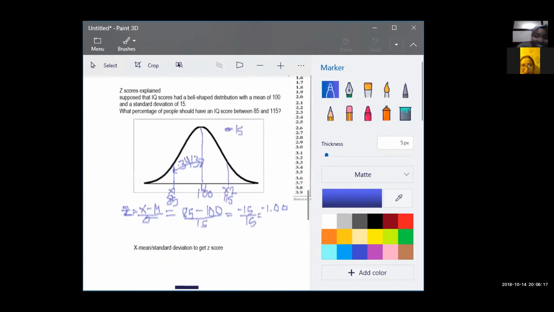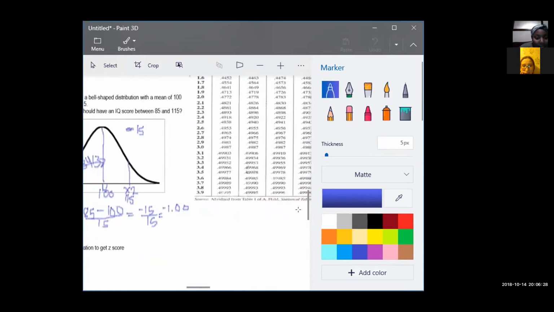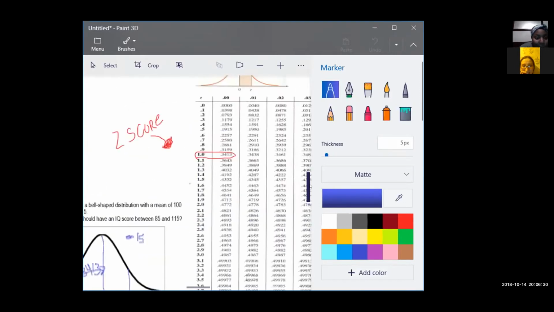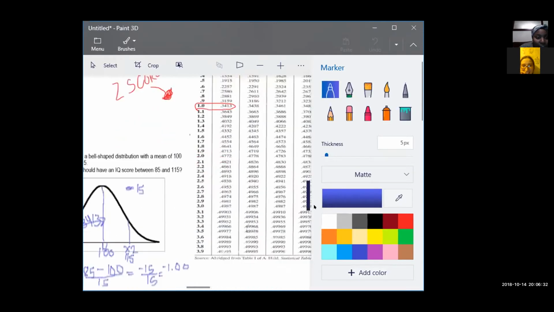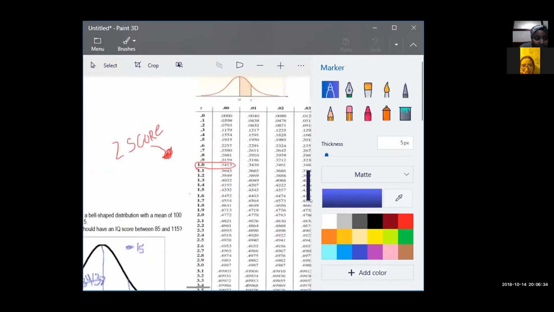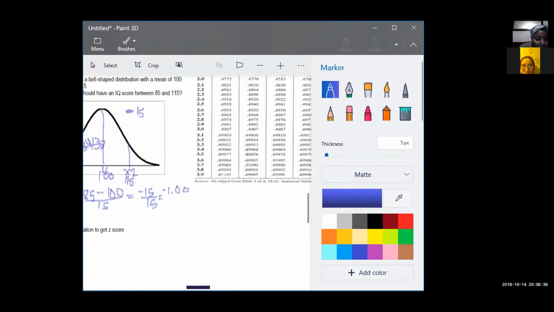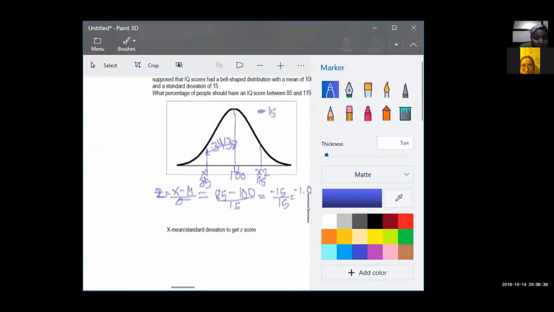I kind of explained the z-scores, right? I took a problem out of the math book, and this is what I came up with, and I got a table describing how to get the z-score. Okay, so let me break this down.